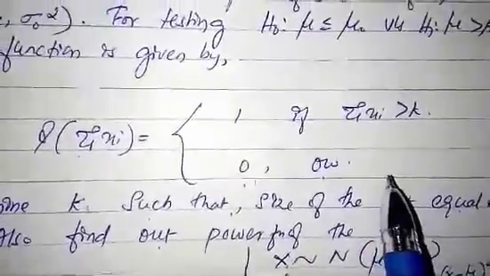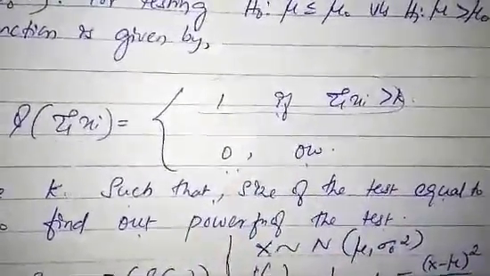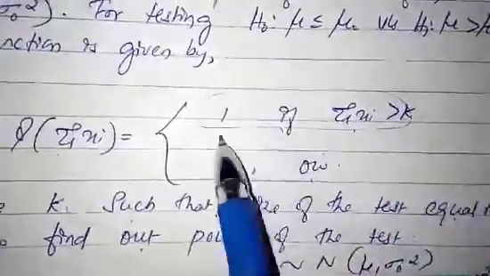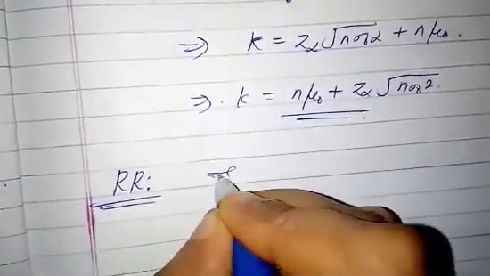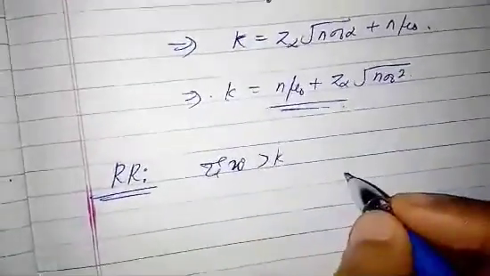So the rejection region in this problem is summation Xi greater than k.